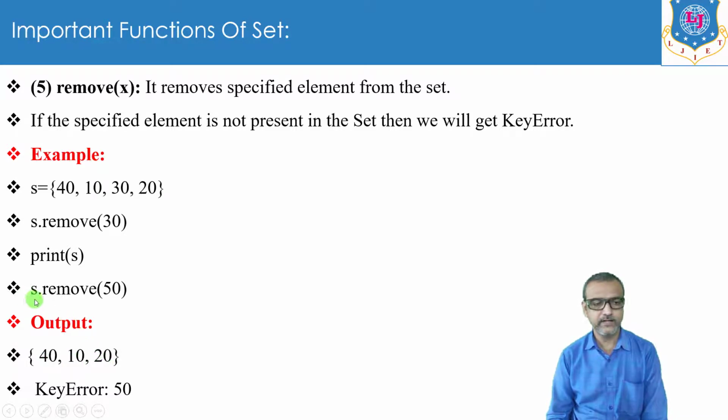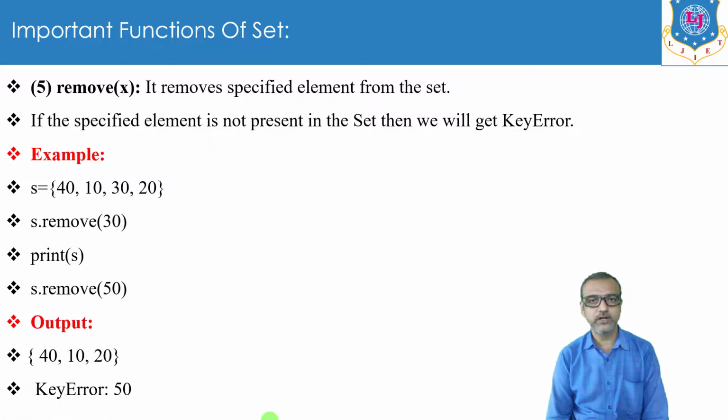And if you write S dot remove of 50, you can see that the element 50 is not present in set S. So it will give us a key error 50. So the final output is 40, 10, 20 and key error 50.